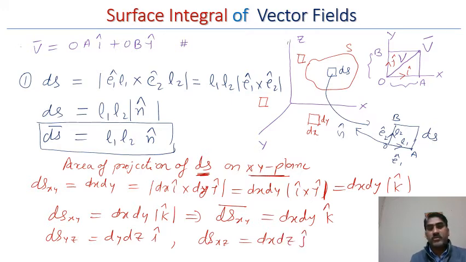Now you know that a vector can be written as a combination of its projection vectors, meaning component vectors.